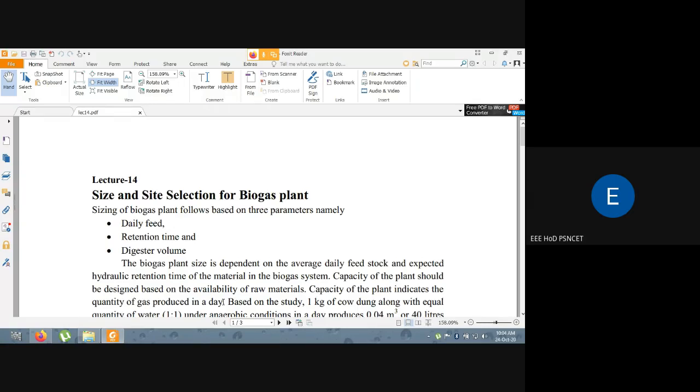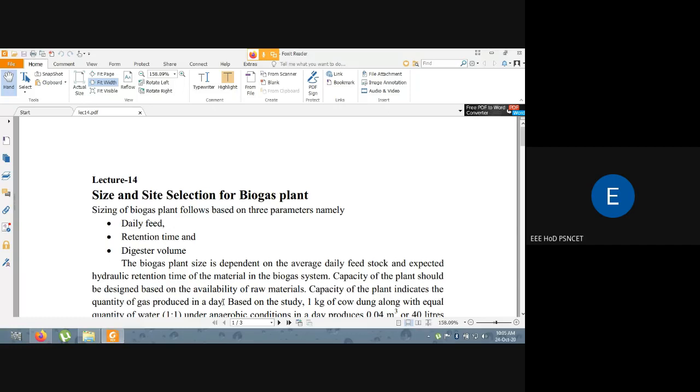If you have a small digester, it can generate very little biogas. In that biogas, we have discussed that methane is the vital component. Approximately 65 to 70 percent of the biogas is methane.